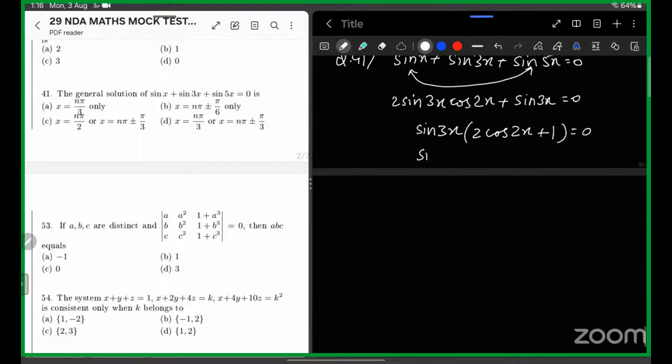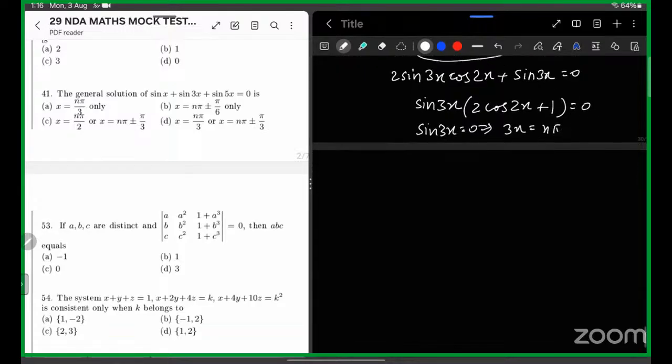Equating it with 0. Sine 3x equal to 0 means 3x is equal to n pi plus minus 1 to the power n. No, there is 0, no? So directly 3x equal to n pi. x will be equal to n pi by 3.